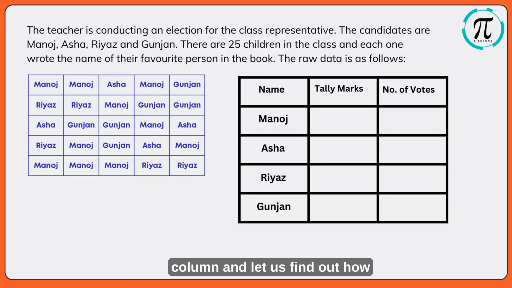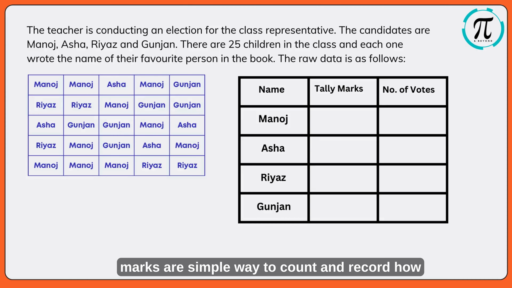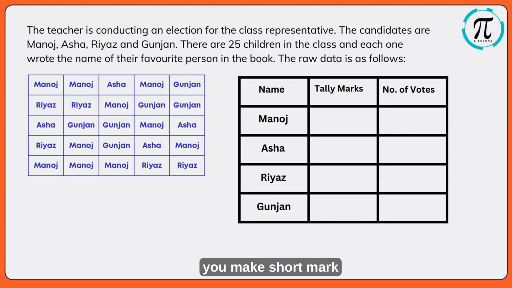Now let us find out how many times Manoj has been repeated in this data. To ease this, we'll use something called tally marks. Tally marks are a simple way to count and record how many times something occurs. Instead of writing a number every time, you make short marks and group them, which makes counting a large list fast and error free.